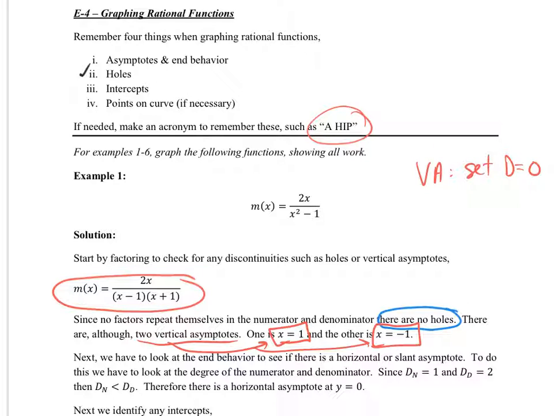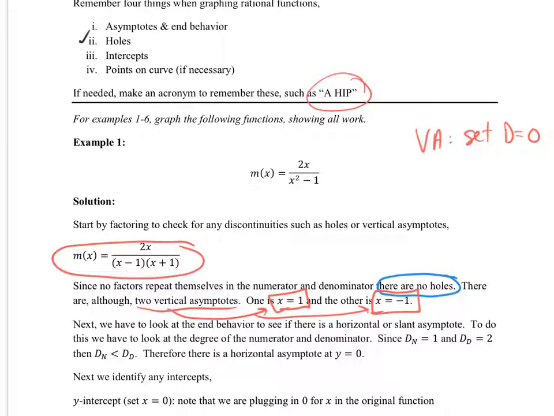But if I plug a 1 back into this function right now, I'm going to get 2 over 0. If I plug in the negative 1 here, I get a negative 2 over 0. So in essence, no matter what, if I plug in something for my vertical asymptote, it's got to be something over 0. So there are my vertical asymptotes.